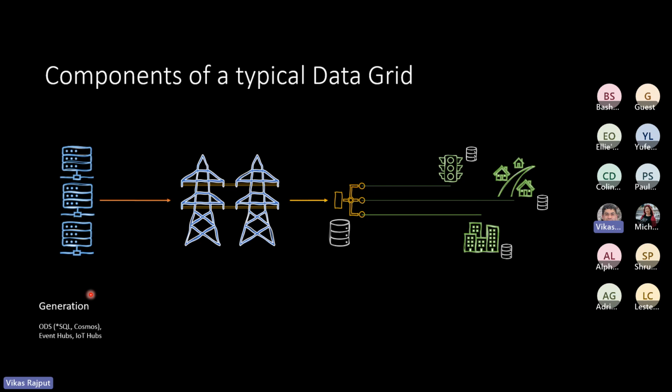The idea is that there is data being generated, and there is, generally speaking, an acronym which is being used, and that is called ODS, which is Operational Data Store. So an operational data store can be any relational data store. It can be even a non-relational data store. You talk about SQL Server, MySQL, PostgreSQL, MongoDB, Cassandra, anything that comes to you.